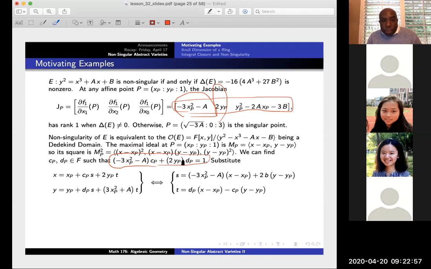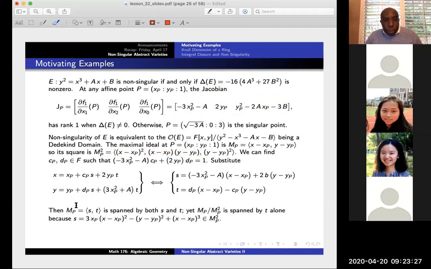Now we're going to make a substitution based on this. Simply put, when I see x, I'm going to replace it in terms of s and t, and when I see y, I'm going to replace it in terms of s and t. We're making this substitution so we can make a clever argument to get an idea of why this is a Dedekind domain.